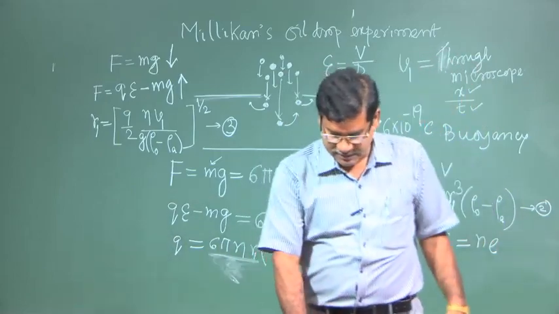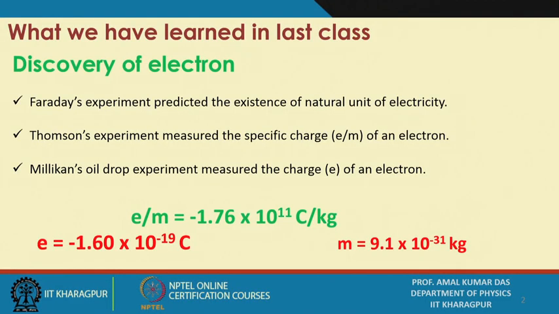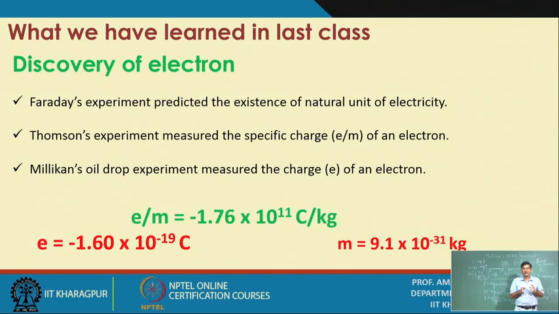So what we learned from the last class up to this: we learned how the electron was discovered, and what the charge and mass of the electron are. And this took a long time.